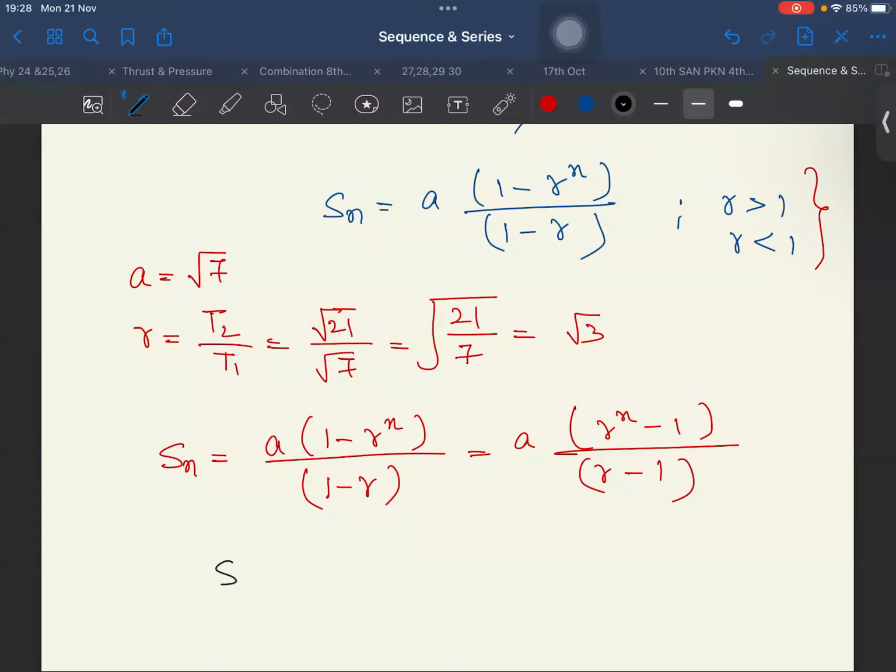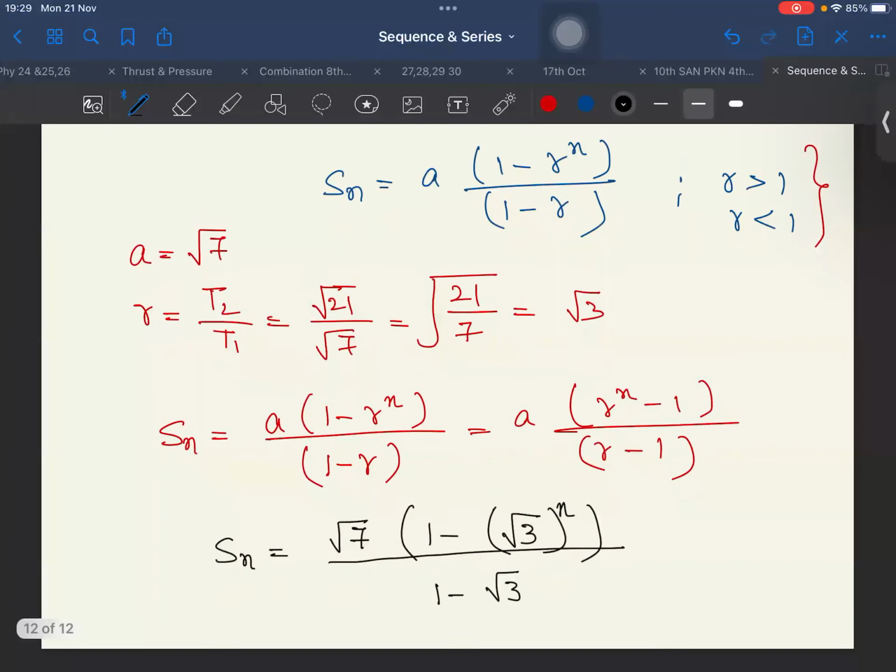Now Sn will be equal to a, the first term, which is root 7, multiplied by (1 minus r to the power of n), where the common ratio is root 3, divided by 1 minus root 3. So that is your answer.